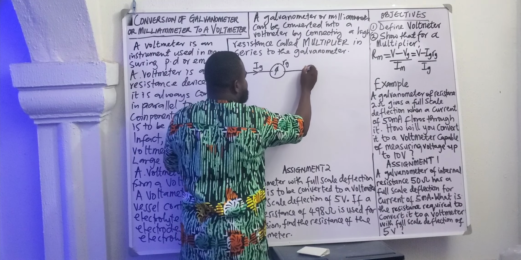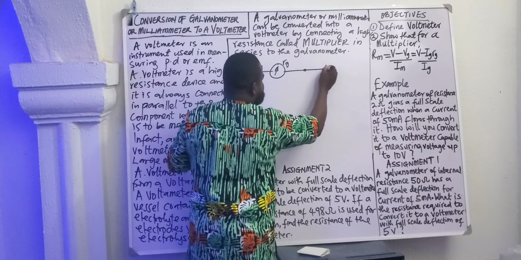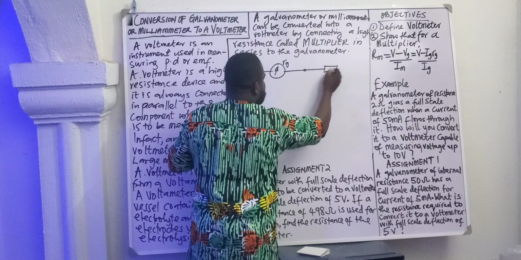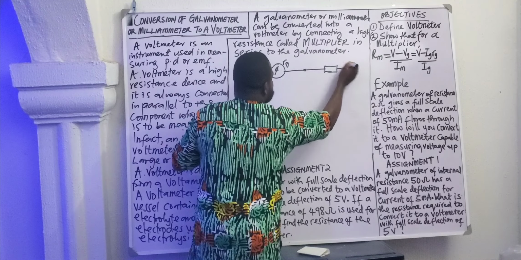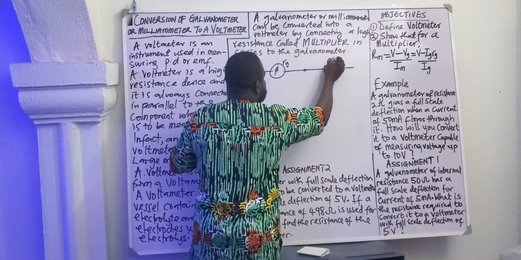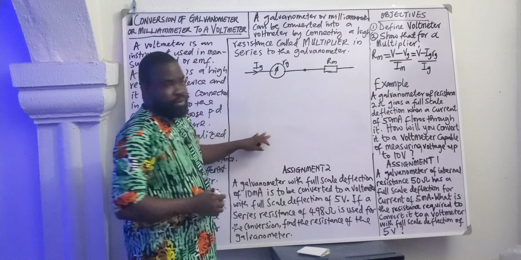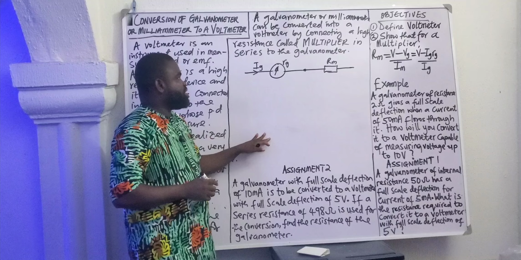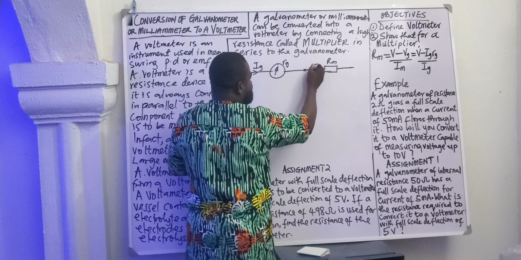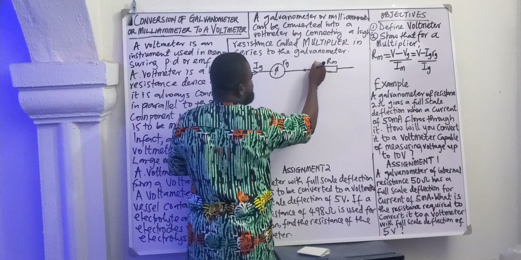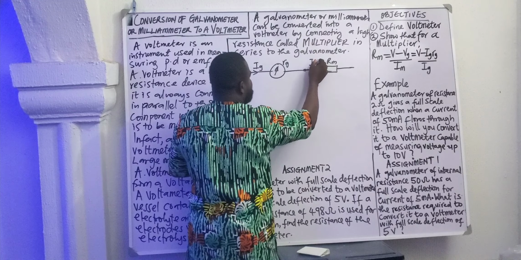We are going to connect a high resistance called multiplier in series to the galvanometer. Let me call the resistance of the multiplier Rm, the resistance we want to determine. Now, the current that will flow through the multiplier, let's call it Im.